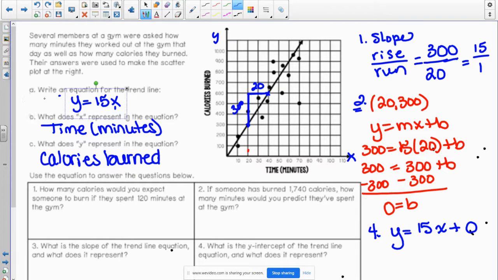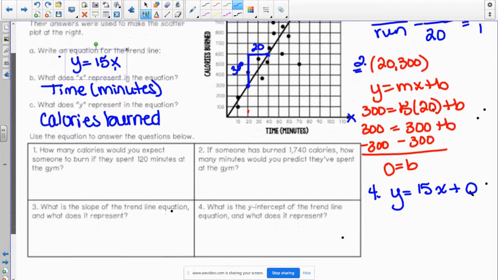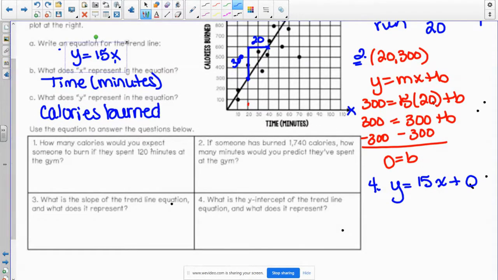So now that we made the equation, my first question is, how many calories would you expect someone to burn if they spend 120 minutes at the gym? So again, we're using our equation. I know 120 minutes, and minutes is the x, so I'm going to put in 120 for that x. So y equals, because they asked me how many calories, y is calories, 15 times 120.